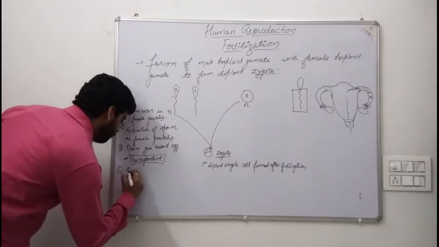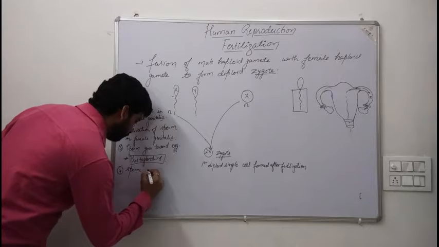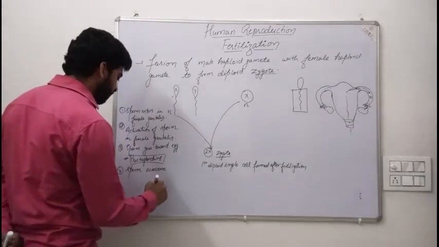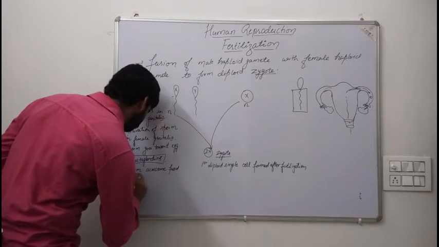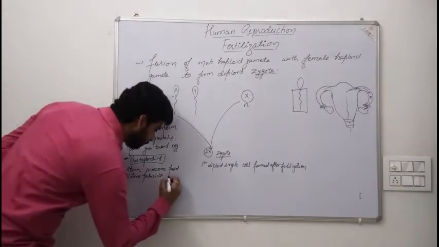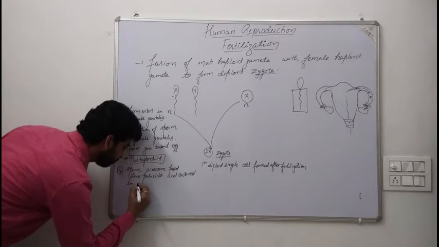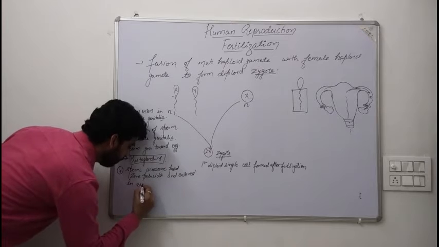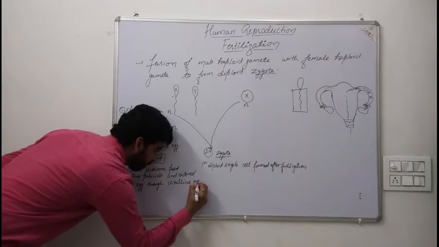Fourth one, sperm acrosome fuses with zona pellucida and enters in the egg through the vitelline membrane.